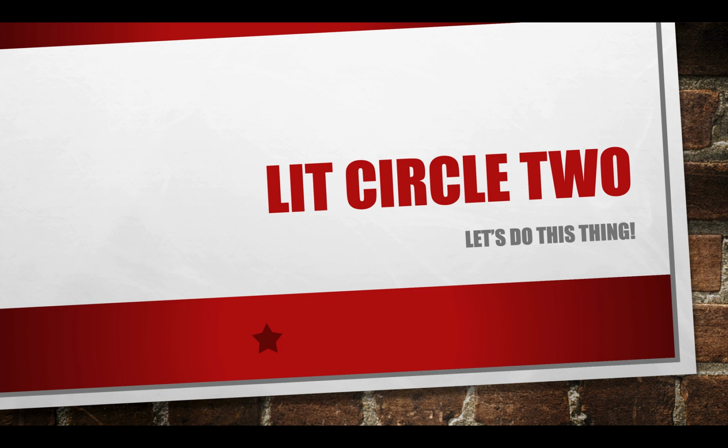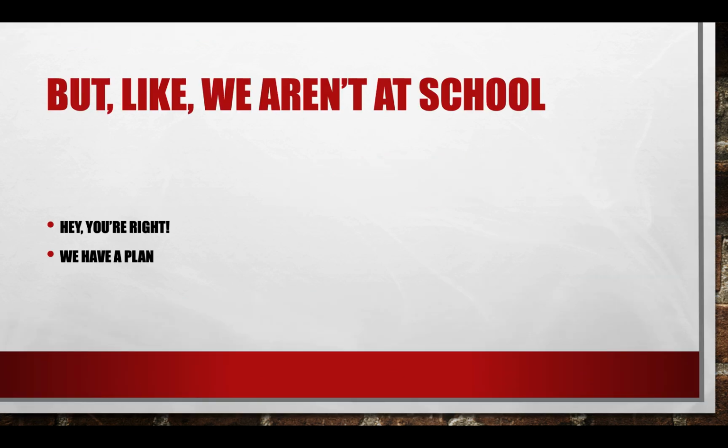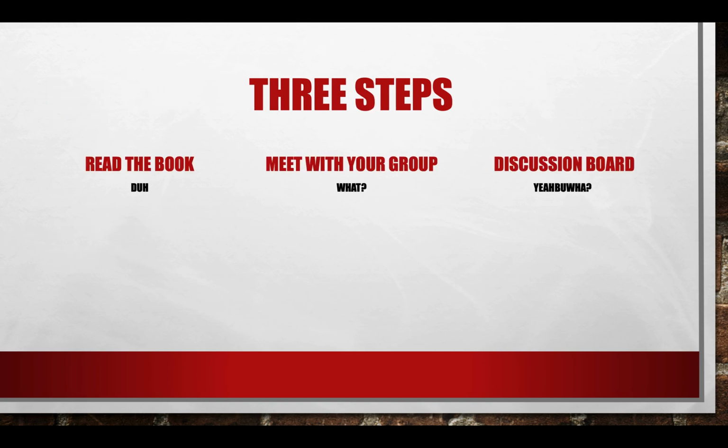So, I don't know if you've realized this, but we're not at school. So this might seem more challenging, but we do have a plan. So here we are. There are 3 steps to this plan and how we're moving forward. First, you're going to read the book.